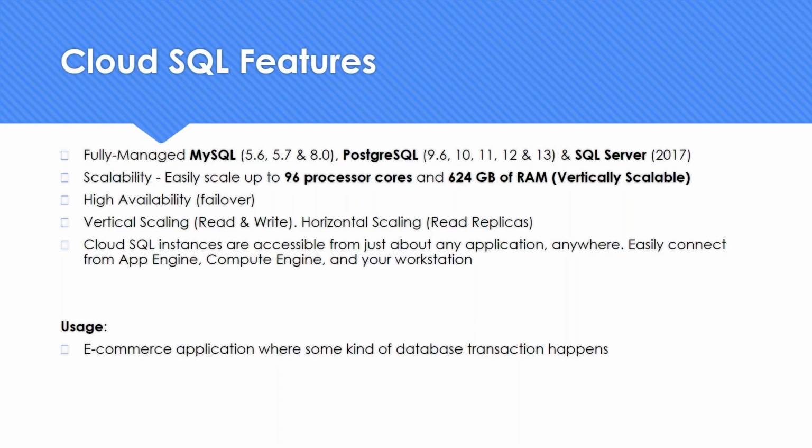You can make the same machine more powerful. That's your vertically scalable capability. But it always has a technology limit. The saturation point is 96 vCPU, 624 GB of RAM. So it's only a vertically scalable system. You already saw one of the drawbacks there.